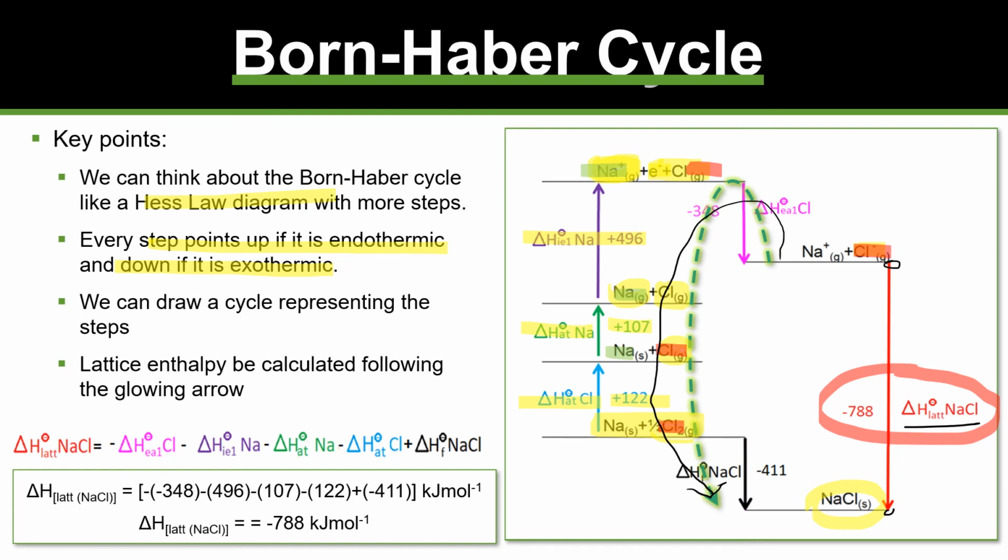So in the case of the first electron affinity of the chlorine, you can see that there is a negative sign here because the arrow points on the top, but the value is pointing down. So that is going to give me the negative sign.